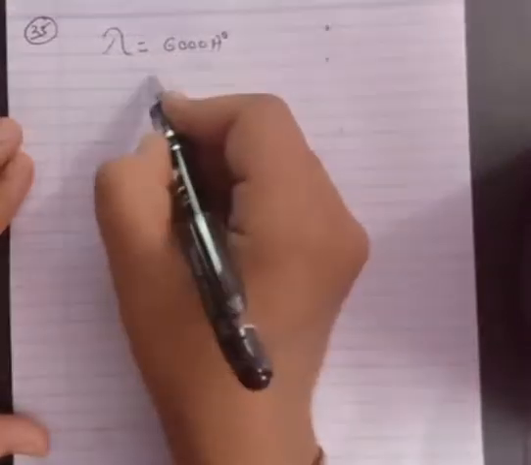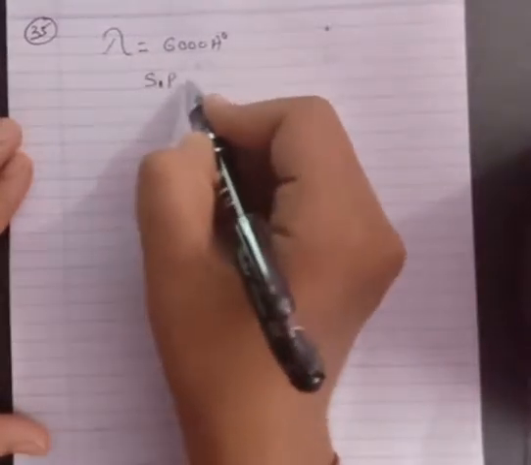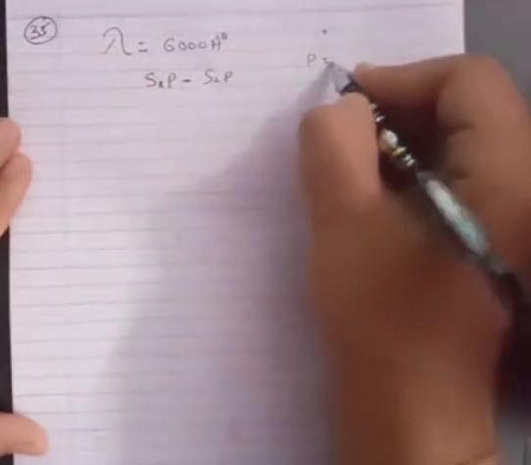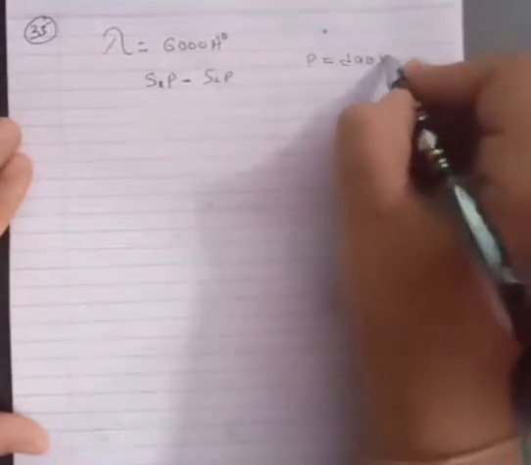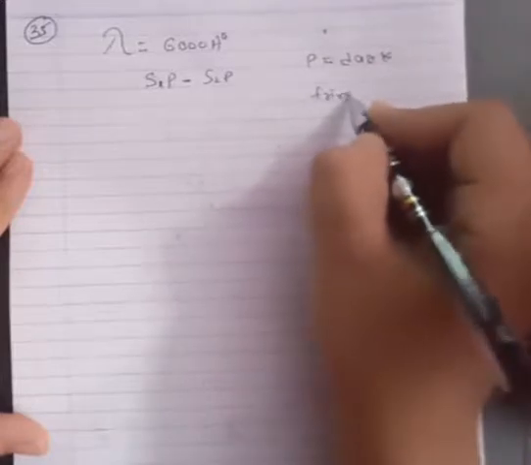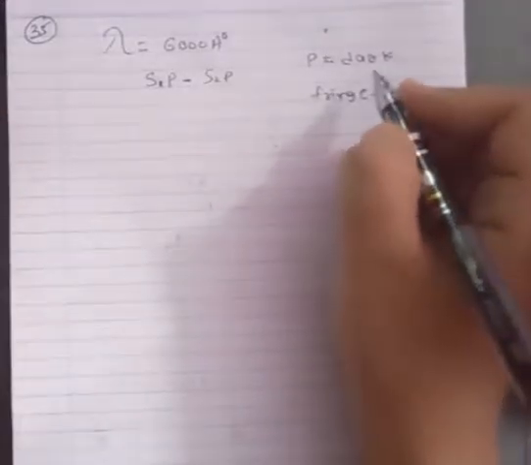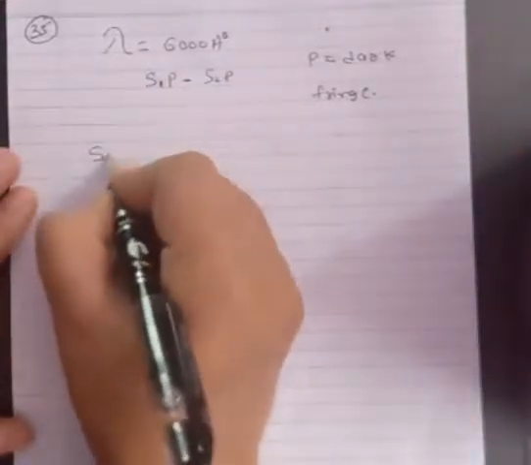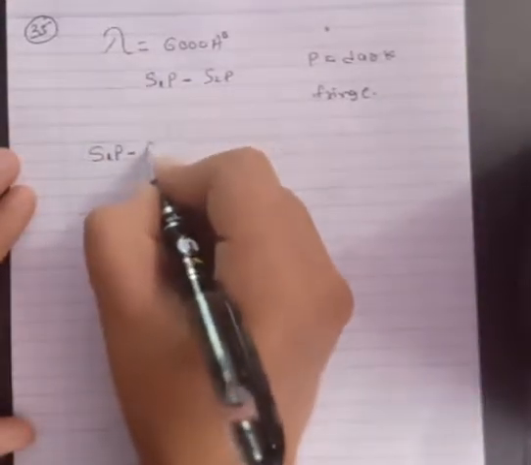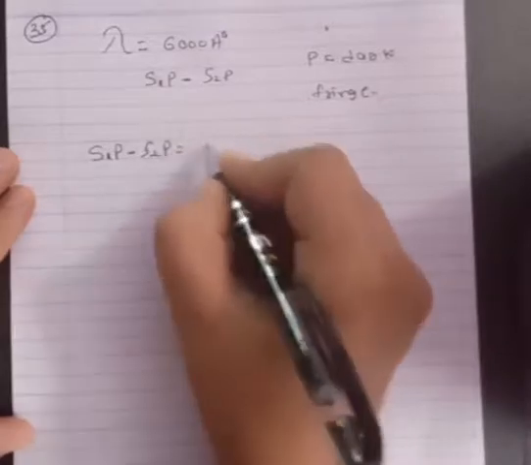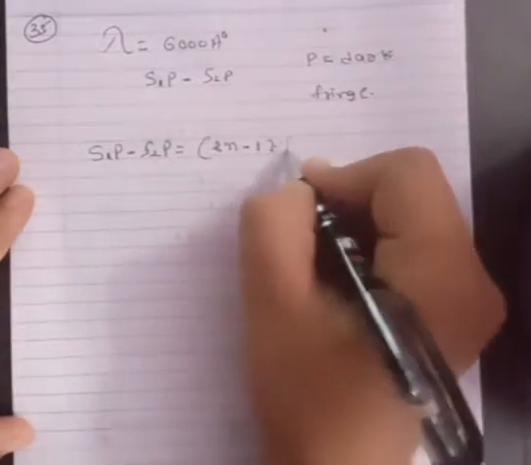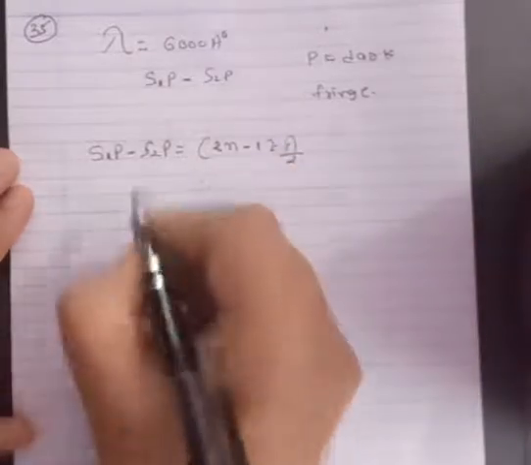We want to find the path difference S1P minus S2P. Here it is given that at point P, a dark fringe is formed. So S1P minus S2P will be equal to the destructive interference condition, (2n minus 1) lambda by 2.